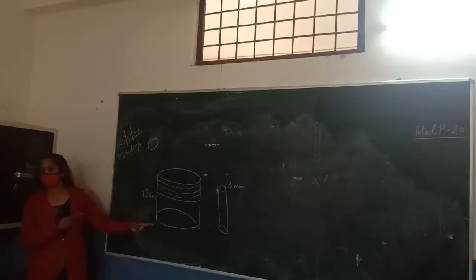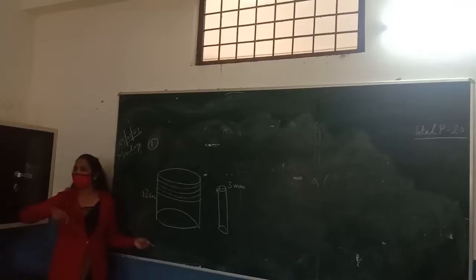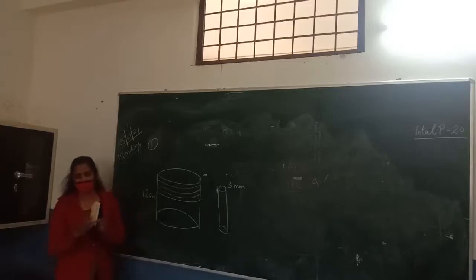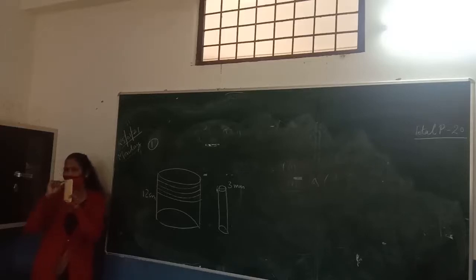Not the volume. Just imagine this is a cylinder and I am winding something here, and you know the thickness of this wire. So how can you find the number of turns here?